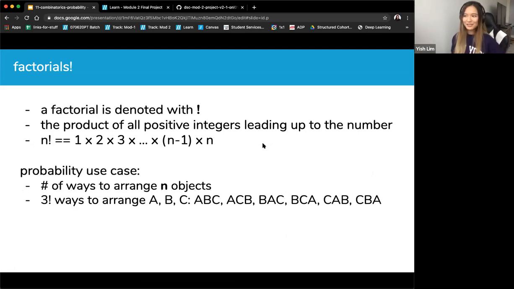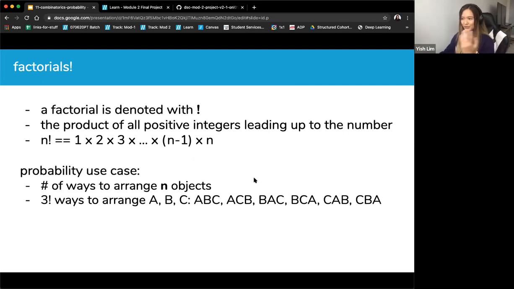So factorials, I don't know if anyone's seen these excited numbers, but anytime you see a number with an exclamation point, it's a factorial. A number with a factorial basically equates to the product of all positive integers leading up to the number itself and including that number.